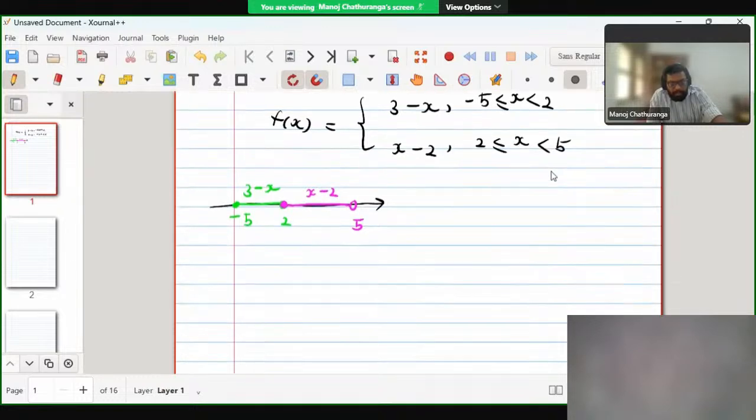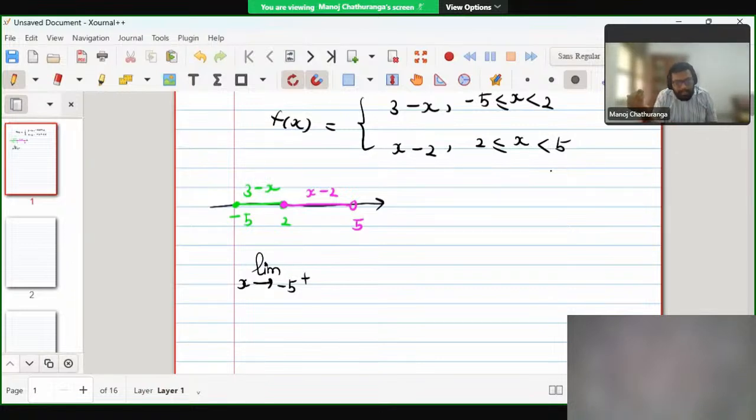Now, we can think about what happens as x goes to -5 from the right hand side. We look at what happens to the function near -5 from the right.